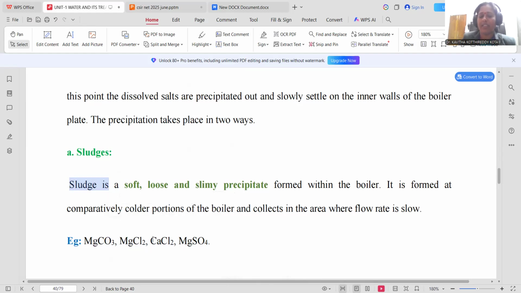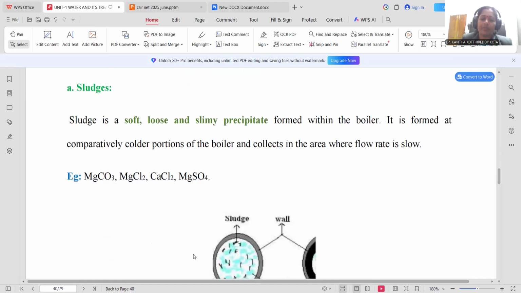Easily removable material, but that is also a very dangerous problem if it is not monitored and removed from that boiler. The boiler pressure gets increased because it will block the circulation of the steam, right? That's the reason why we need to observe and remove the sludges from time to time, then only is it possible to generate the steam continuously, right?